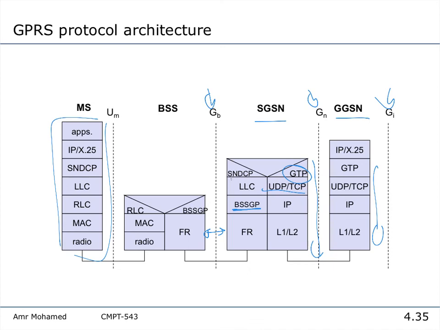We have something called the subnetwork dependent convergence protocol. This is a protocol that works on top of the network layer, or actually it's at the transport level, to provide different levels of reliability depending on the base station subsystem, depending on the cell quality itself, depending on the channel state of the users within the cell.